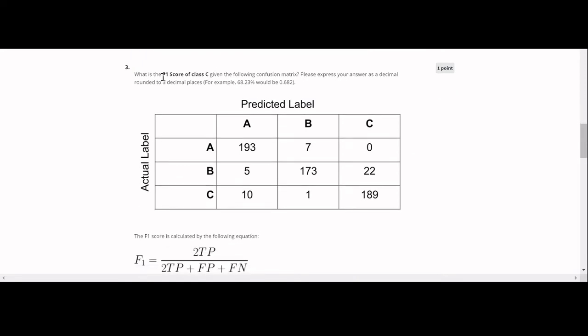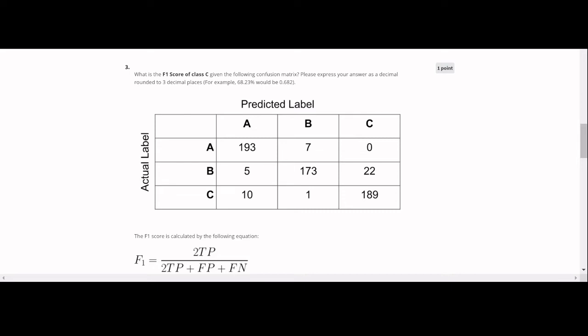Now we are going to get the F1 score of class C. F1 for the class C. So first we have to see what the class C is.